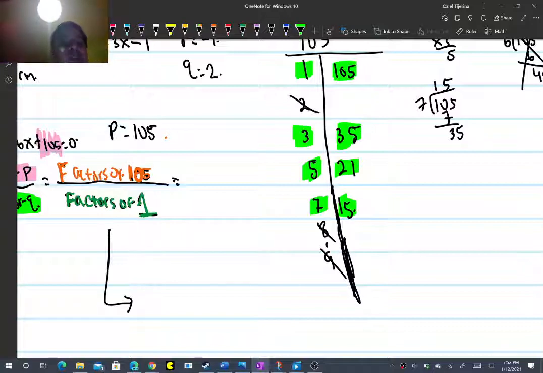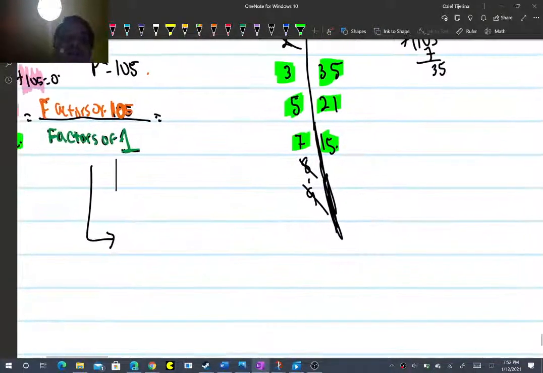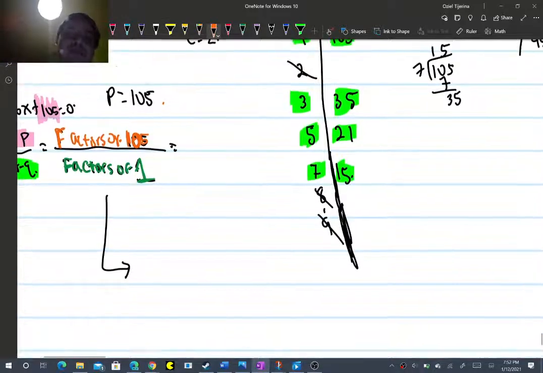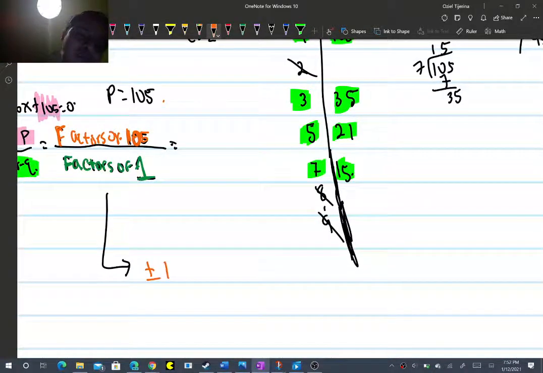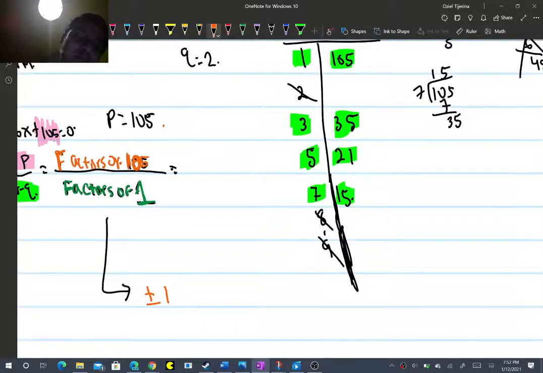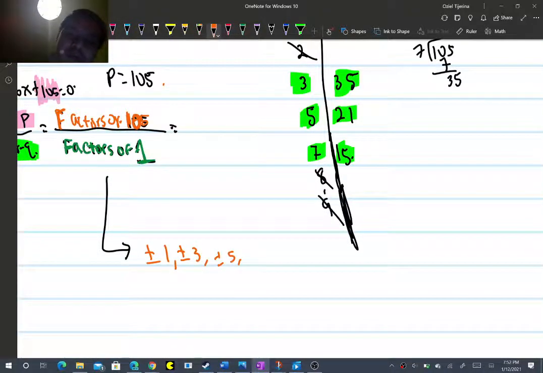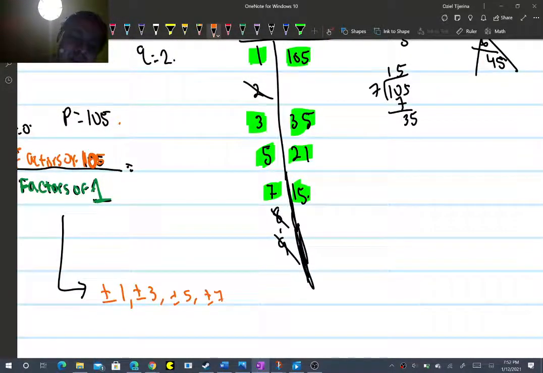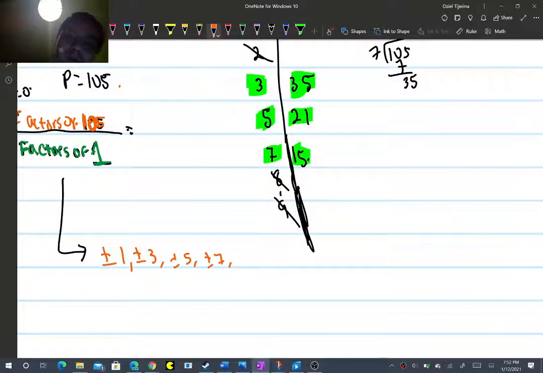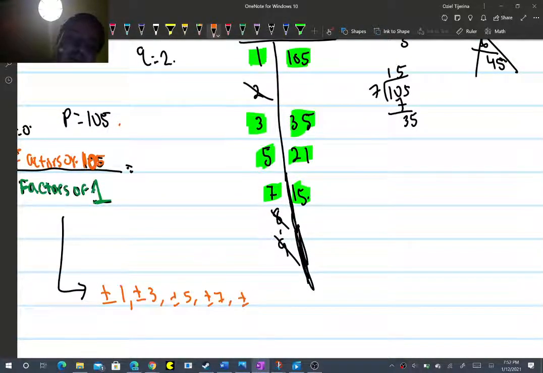We're going to say it's plus or minus 1, plus or minus 3, plus or minus 5, plus or minus 7, plus or minus 105, plus or minus 35, plus or minus 21, and plus or minus 15.